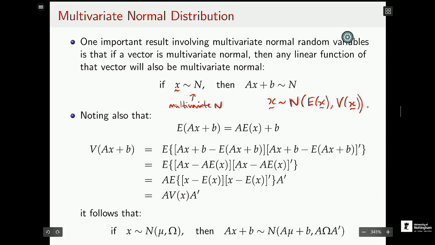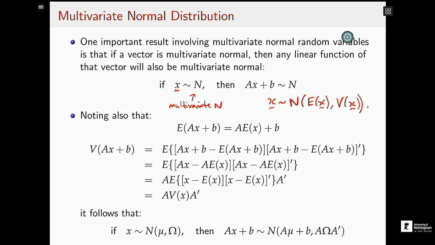So that's the properties of the original x vector. What will the properties of the linear combination look like? Well, we can work out the results from the mean and the variance separately and substitute it in.